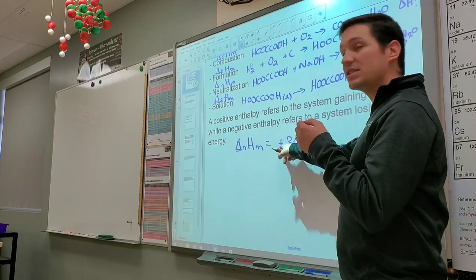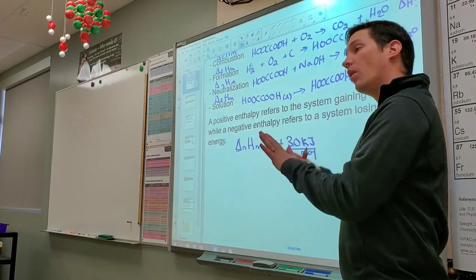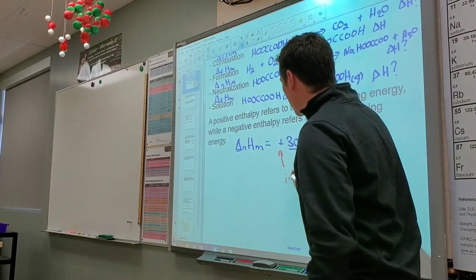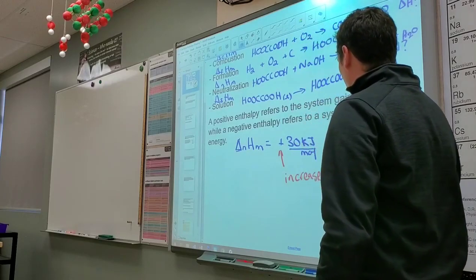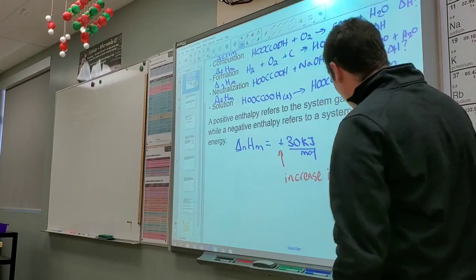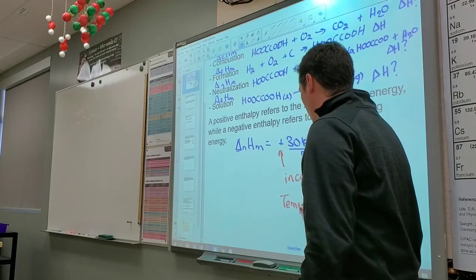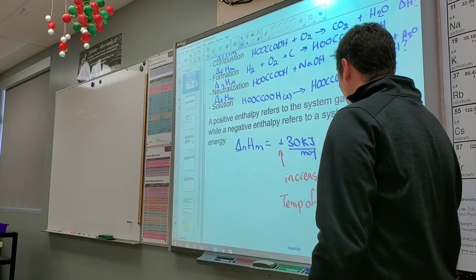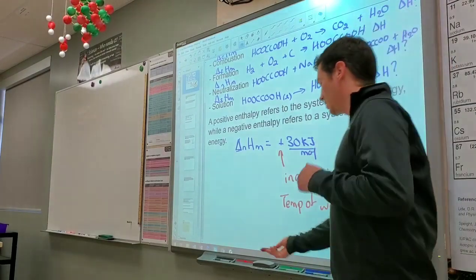So if this was an aqueous solution, where would it gain its energy from? The water. So this represents an increase in potential energy, which means the temperature of the water will go down. Hopefully that makes sense.